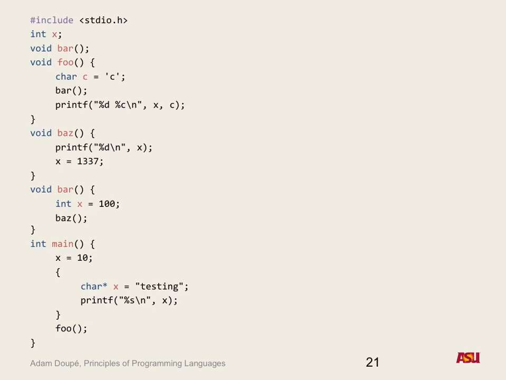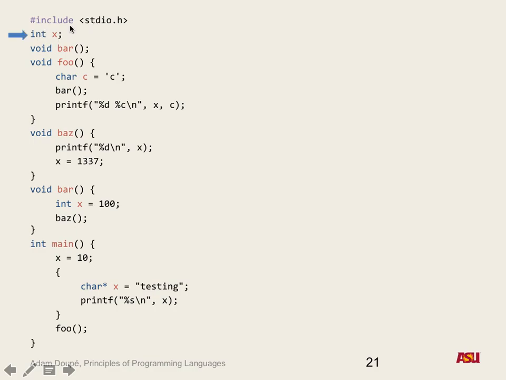Okay, so here's our fancy program that we already looked at. What we're going to do is step through the program as if we're executing it, and we're going to build the symbol table for all the scopes as we execute it. So the first scope is which scope? The global scope, right? We're not executing foo, foo is not the first function that's executed, but we are looking at all the declarations.